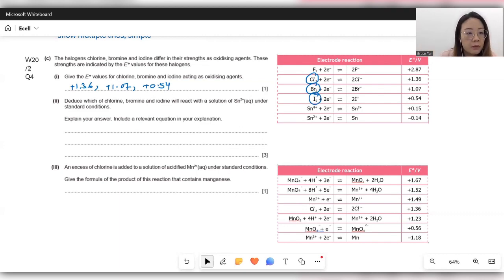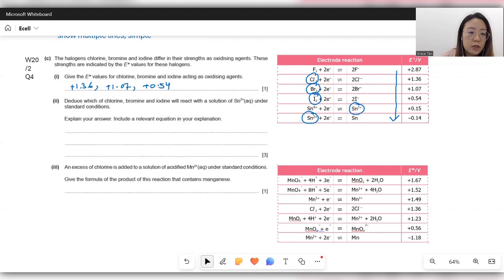Now, part 2. Deduce which of chlorine, bromine, and iodine will react with a solution of Sn2+, tin 2 ions, under standard conditions. So I also went and extracted everything to do with tin 2 plus, and I arranged it from most positive to less positive. So you can see here the numbers are from positive 2.87 all the way to negative 0.14. So I see one tin 2 plus on the right hand side here. I see another tin 2 plus on the left hand side here.